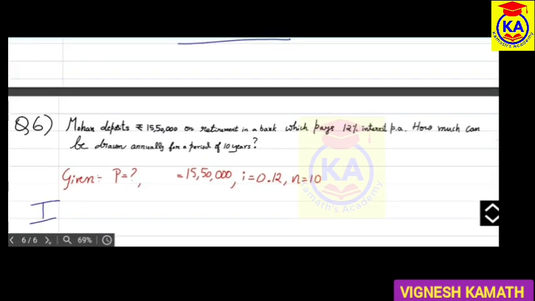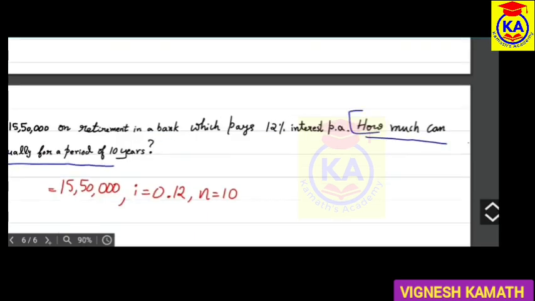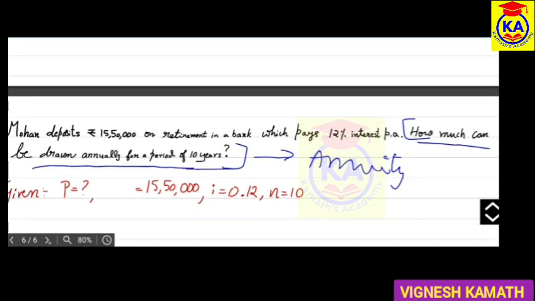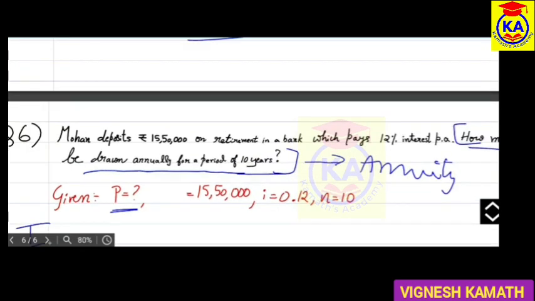How much can be drawn annually for a period of 10 years? This highlighted portion is annuity, right? How much amount can be drawn annually for the period of 10 years: a fixed amount and a fixed time. Here the fixed amount you don't know, so P is a question mark, and the fixed time is 10 years. So this portion is annuity.